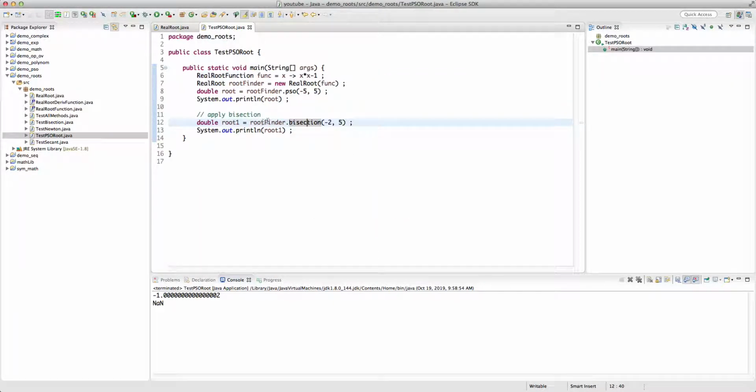And there is a high chance that if we have -5 to 5, -5 to 0, and 0 to 5, both of them are brackets. So that's why our bisection method is able to find it. That's a little bit of enhancement to the original bisection. But in general, because this is not a bracket, the bisection is going to fail.